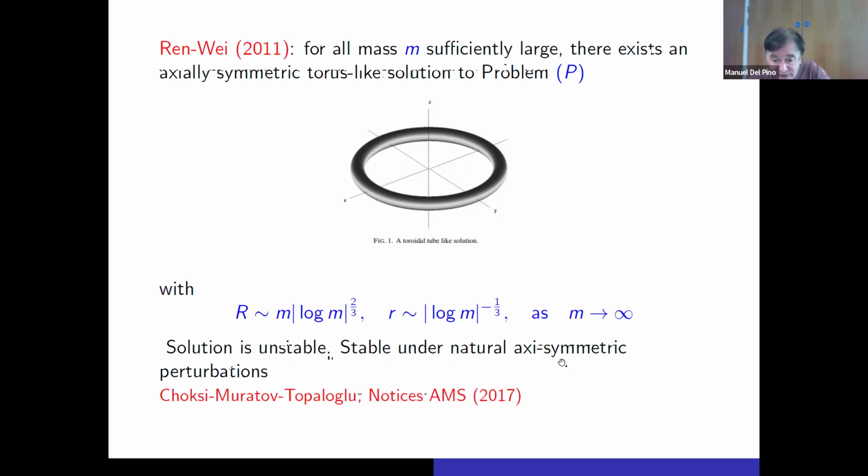However, they are stable under the natural axisymmetric perturbations. So if we consider axisymmetric perturbations of this region, say small deformations of the section, then you see some form of stability. Some discussion about this can be found in this nice survey paper that appeared in Notices of the American Mathematical Society in 2017 by Choksi, Muratov, and Topaloglu.